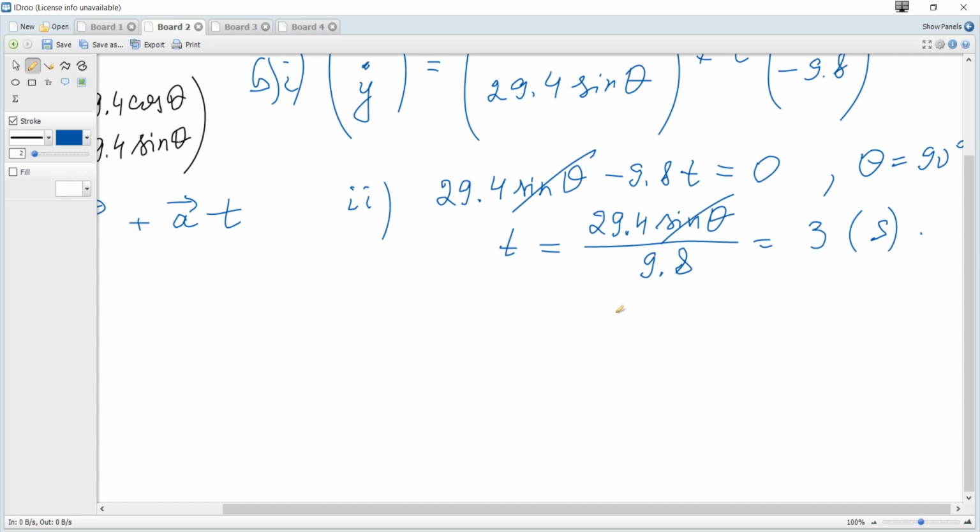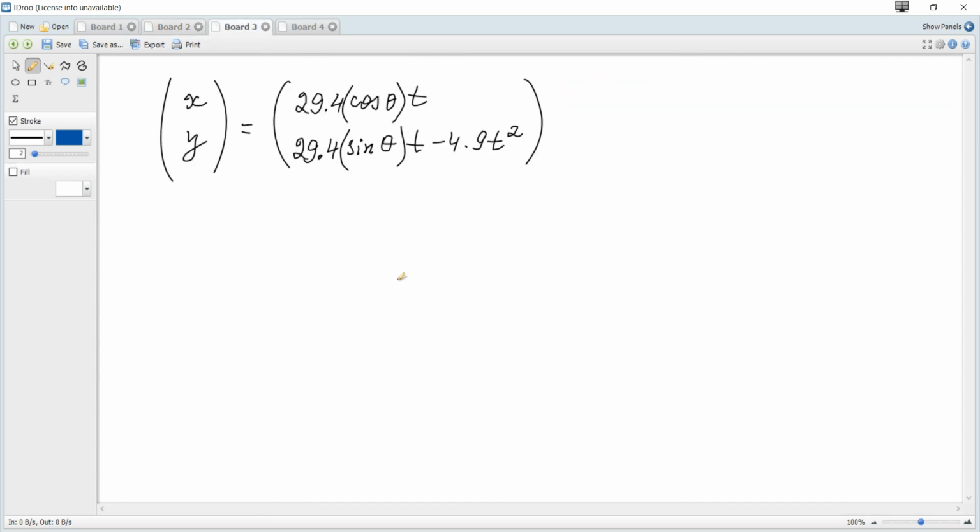The next, the displacement of the T-shot t seconds after it is launched is given by the vector equation. It is given, but it may be asked in general, and it can be easily deduced that the displacement vector is ut plus at squared over 2, provided acceleration is constant.